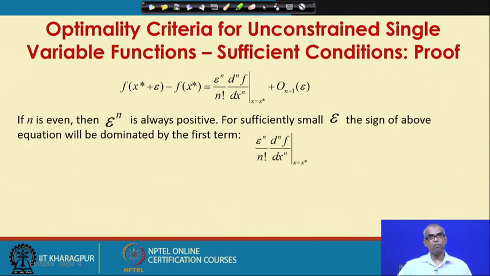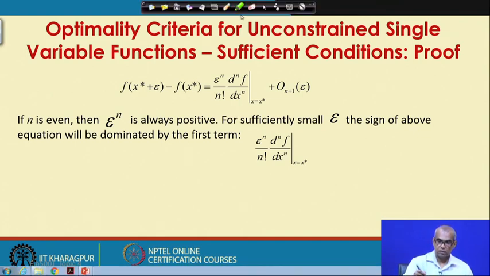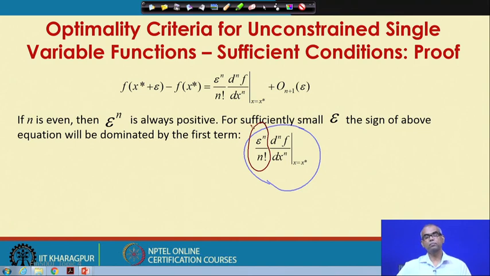What happens if n is even? If n is even, epsilon to the power n is always positive. For sufficiently small epsilon, the sign of the above equation will be dominated by the first term. That means, this term, note that this term is always positive.